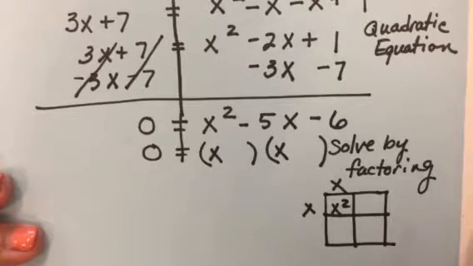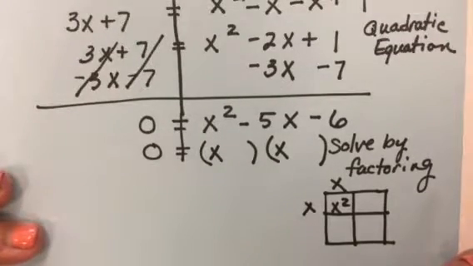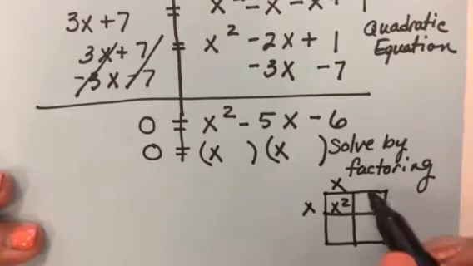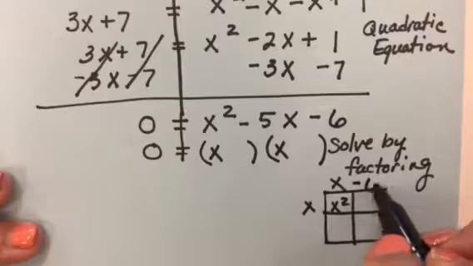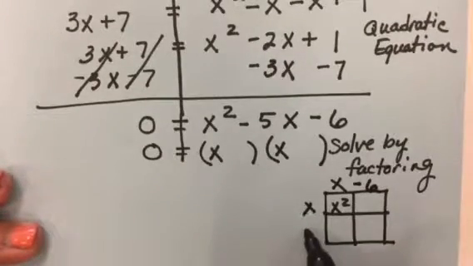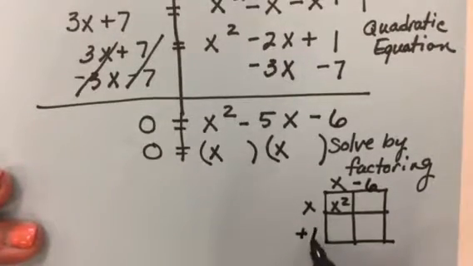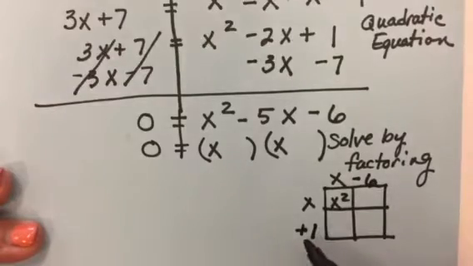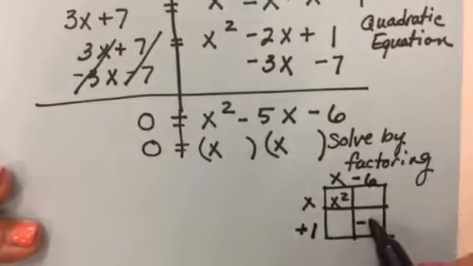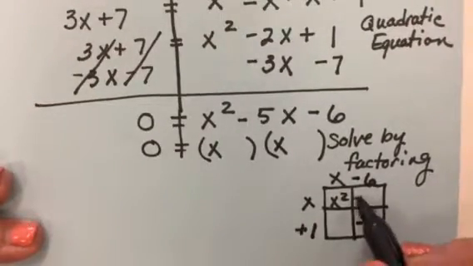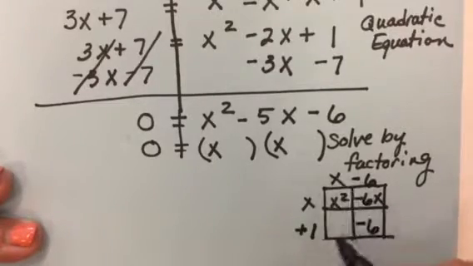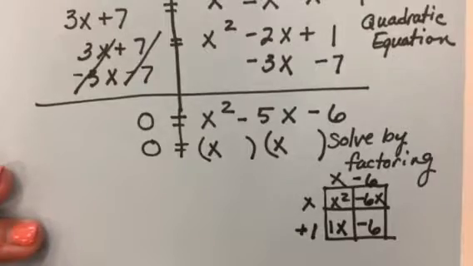That would mean that one of our factors would have to be positive and the other would be negative. So we would have to use a negative 6 and a positive 1 because negative 6 times 1 is negative 6, and this would give us a negative 6x, and this would give us a 1x, and when we add those together we get a negative 5x.